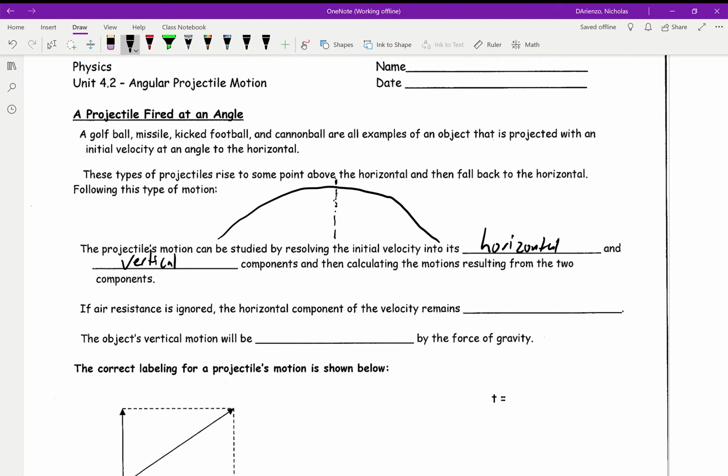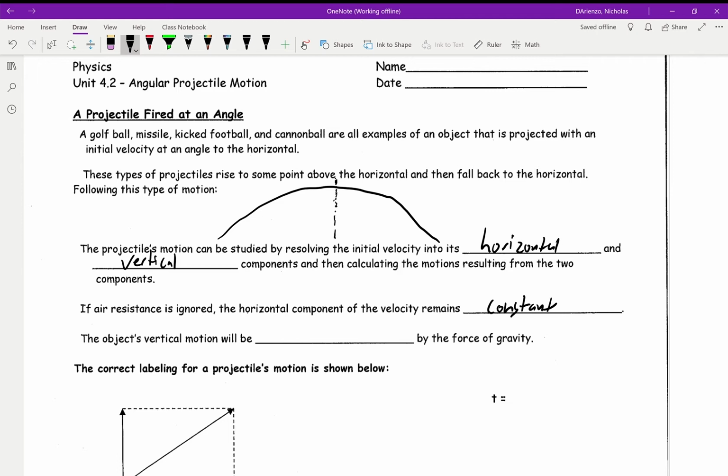Now we know if we ignore air resistance, which we always do in this class, the horizontal component of the velocity of whatever object we're dealing with is going to remain constant. We'll ignore air resistance, we'll ignore the forces that are going to be slowing down the projectile, so we can study in a perfect world what this motion might look like.